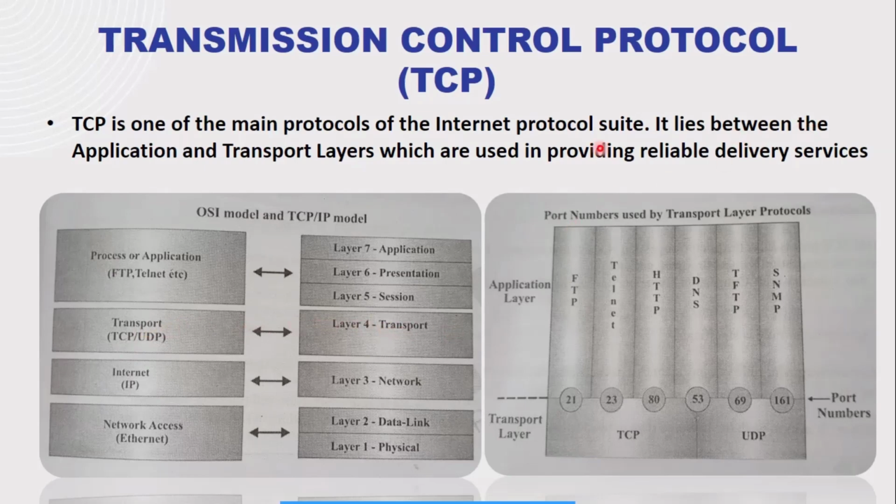It sits between the application and the network layers. TCP and UDP work in the transport layer as the backend, and the front end works as the application layer, like FTP and HTTP for TCP, and TFTP and SNMP for UDP.